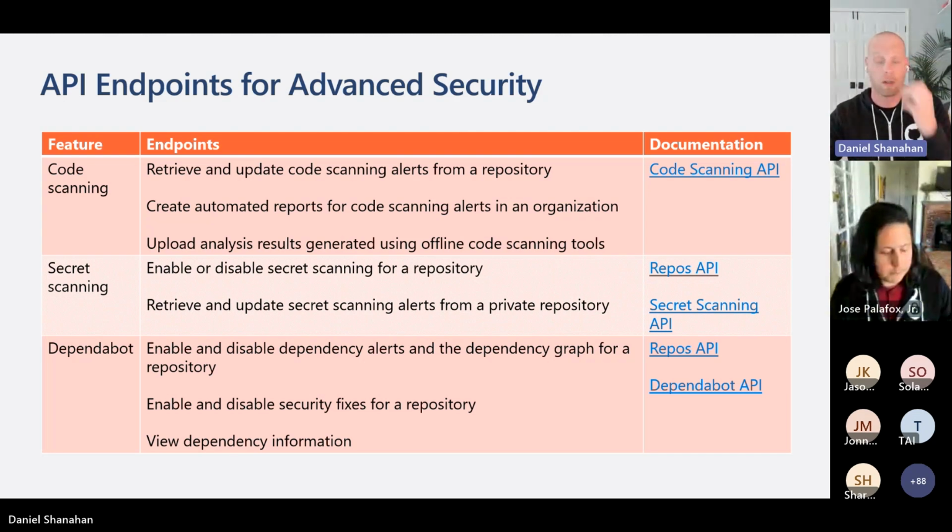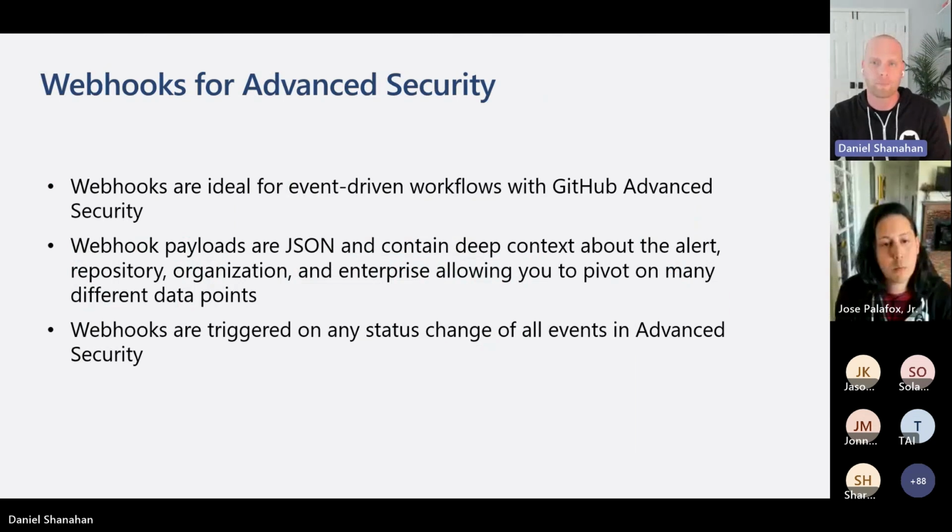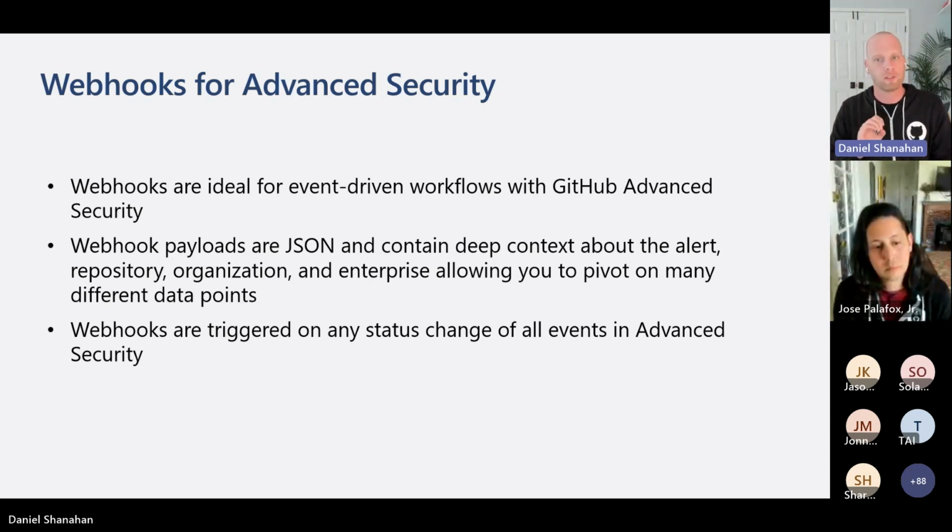The other primary way that folks extract information is something called a webhook. The idea behind a webhook is it's effectively an event-driven JSON payload that's sent off to some sort of processing system every time an event happens. Anytime a code scanning alert shows up or gets closed or whatever the case may be.